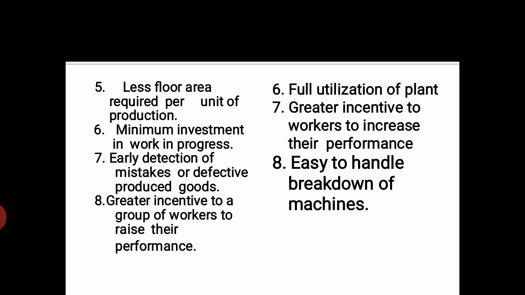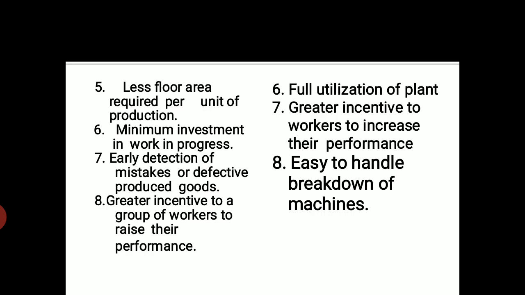Sixth is minimum investment in work in progress, because the flow is one by one and there are hardly any chances for work in progress or idle inventory on the way of production. So in that sense minimum investment is required. You don't have to keep a surplus amount of inventories, because in work in progress you don't have to wait. The flow of production goes on easily.